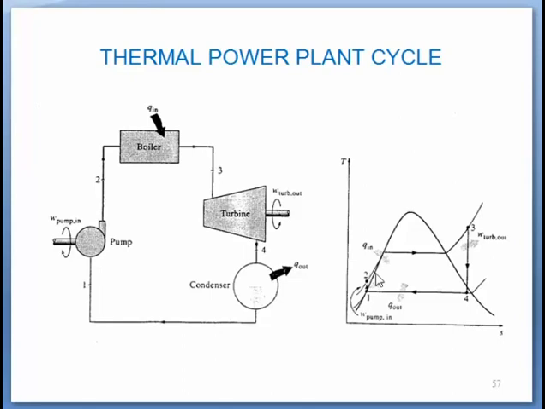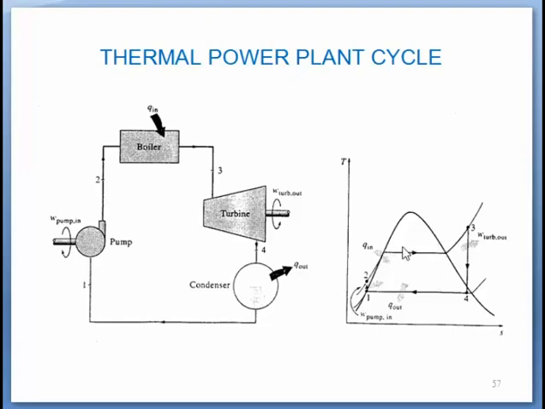Then when the feed water reaches the saturation temperature, phase change or latent heating takes place, where saturated feed water gets converted into dry saturated steam. This in-between zone is the wet zone, where both phases, liquid and vapor, coexist.